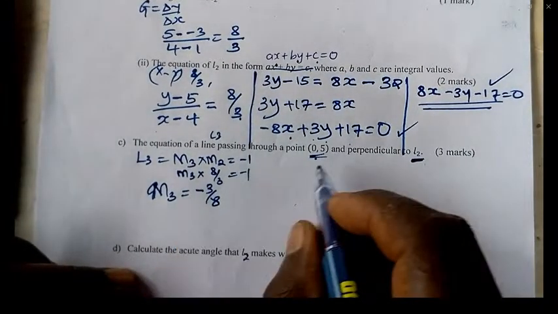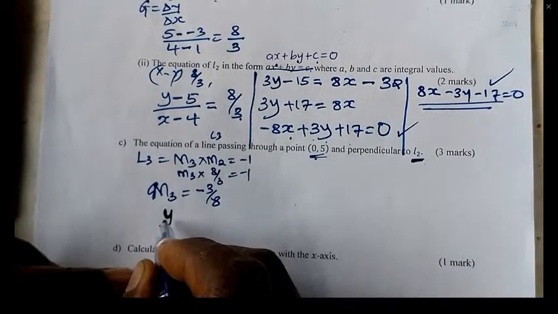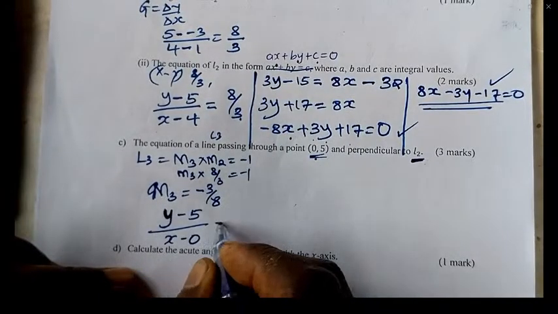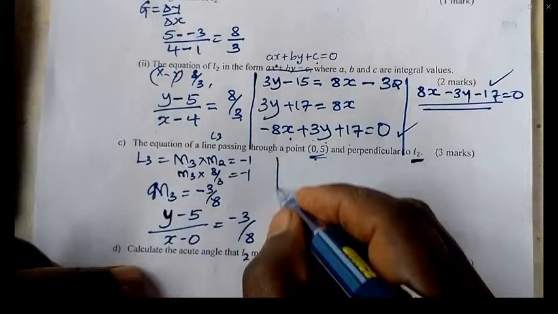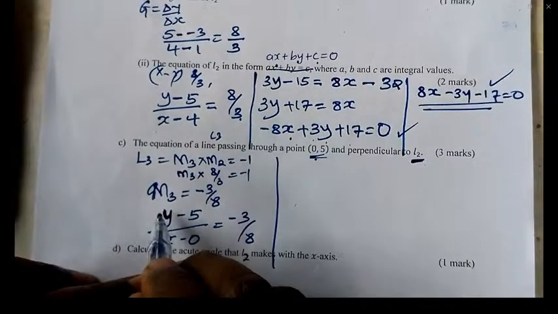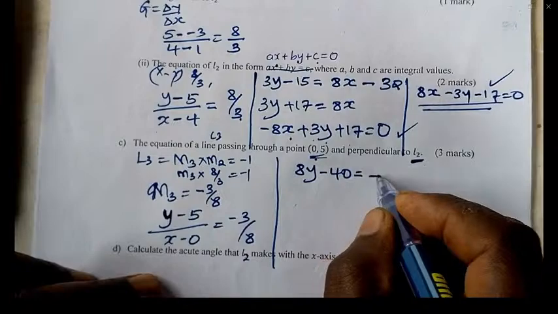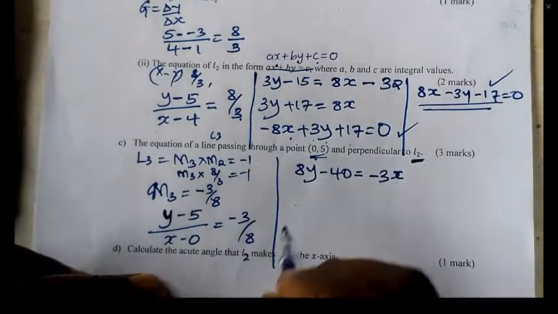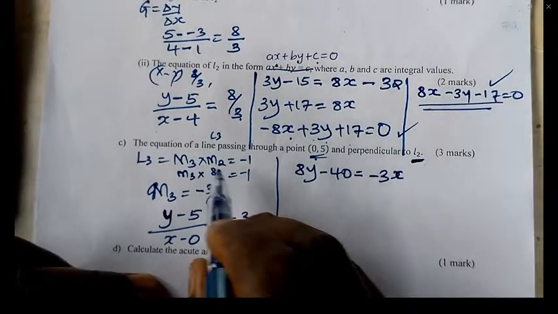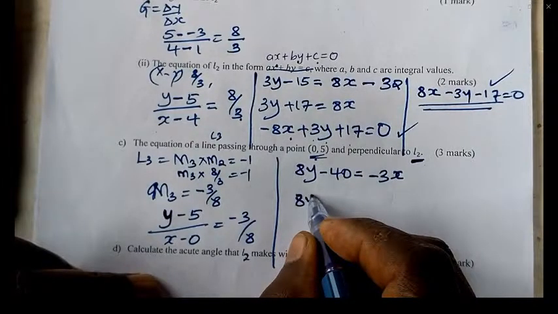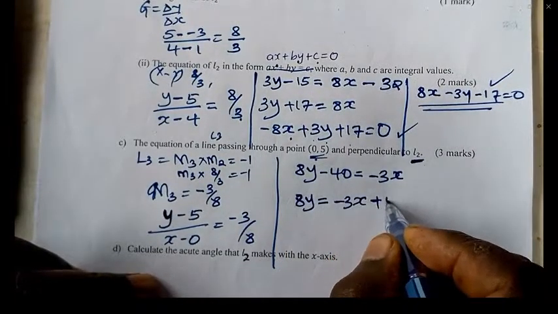Now it is passing through (0, 5), so we say (y - 5) over (x - 0) and the answer is negative 3 over 8. Cross multiply, we are going to have 8y minus 40 is equal to minus 3x. We were not told the form, so this one can be 8y is equal to minus 3x plus 40.